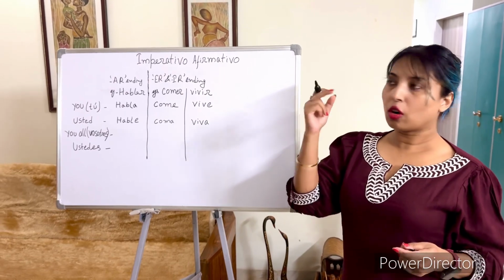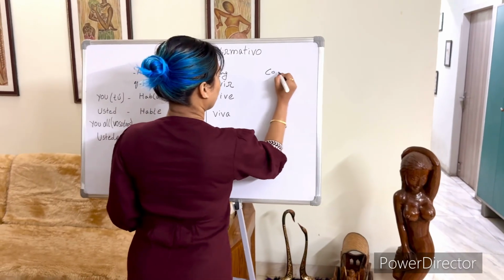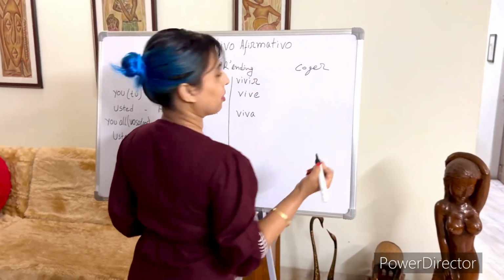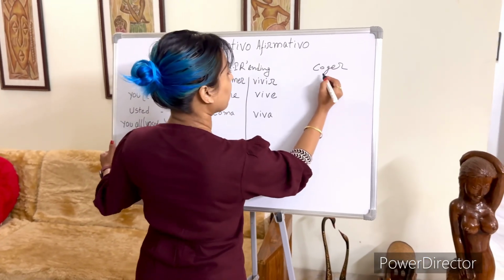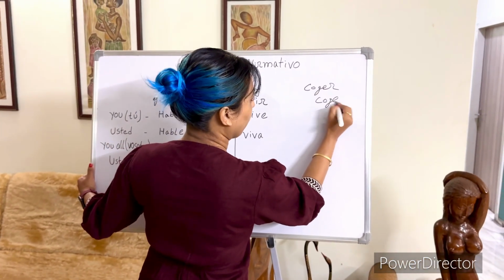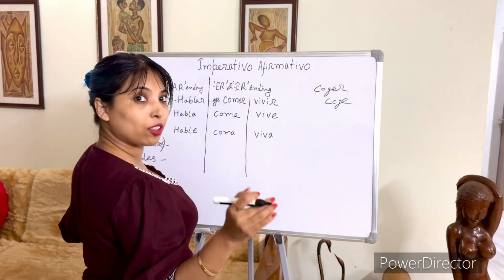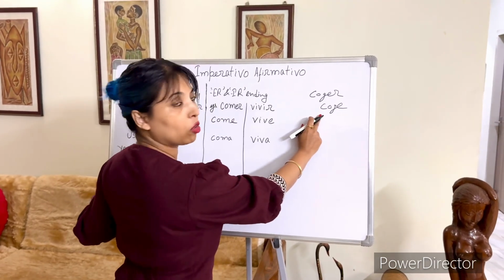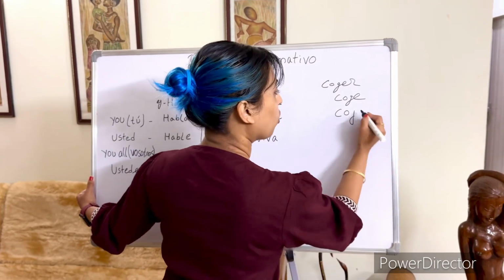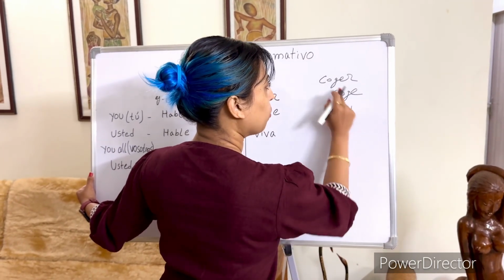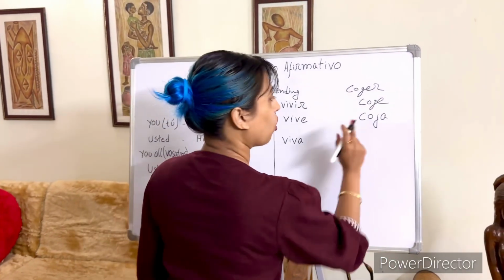So if I want to write the affirmative imperative for coger, then for tú it would be coge, and for the third person, cojo, and the last O for an ER ending verb will be replaced by A. So coja.